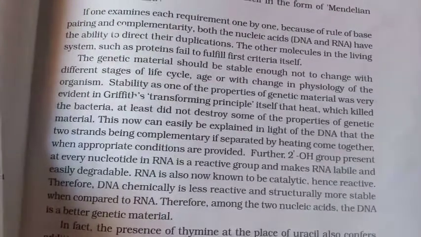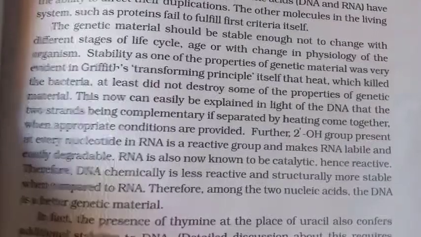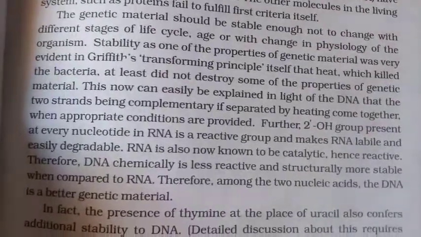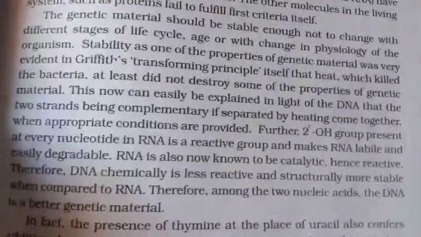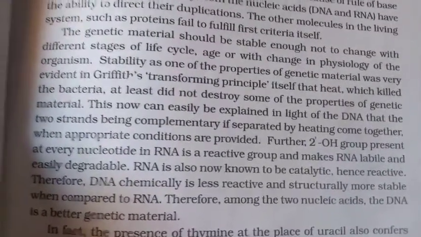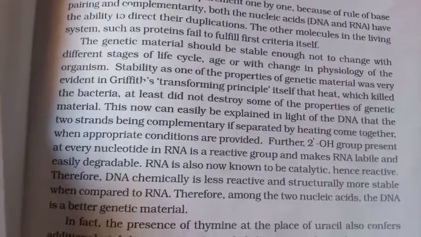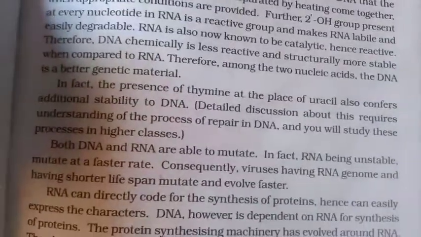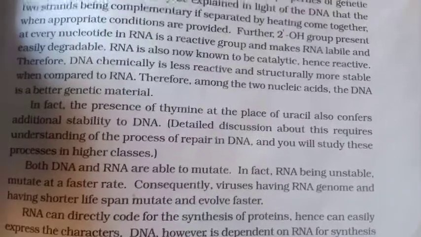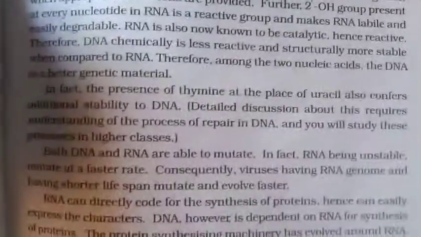Therefore, DNA chemically is less reactive and structurally more stable when compared to RNA, and that is the reason why DNA is the chief hereditary material. Among the two nucleic acids, DNA is a better genetic material. In fact, the presence of thymine in place of uracil also confers additional stability to DNA.